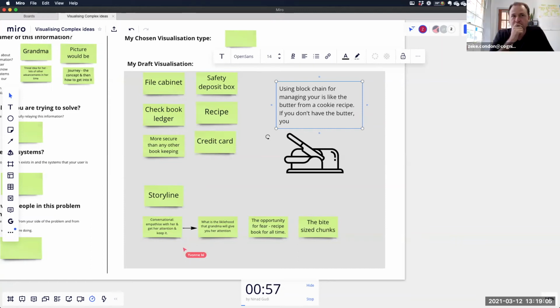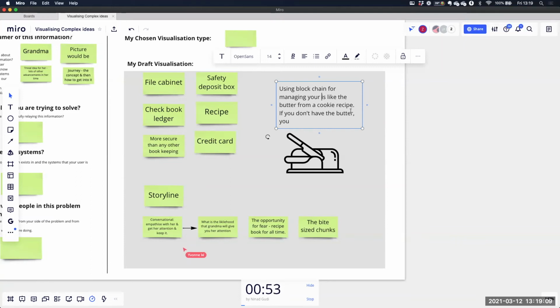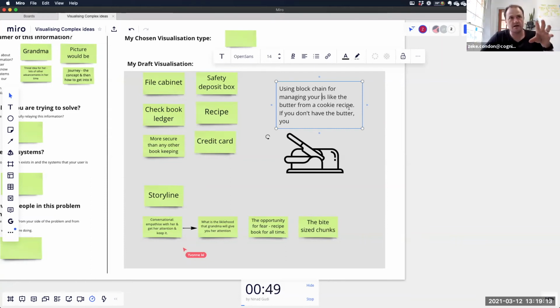So bringing it back to this for a second, Mark, let's take your concept of the storyline as a visualization. One of the things that you've just picked up on around visualization is that visualization doesn't necessarily need to be on paper. Visualization can be storytelling, right?